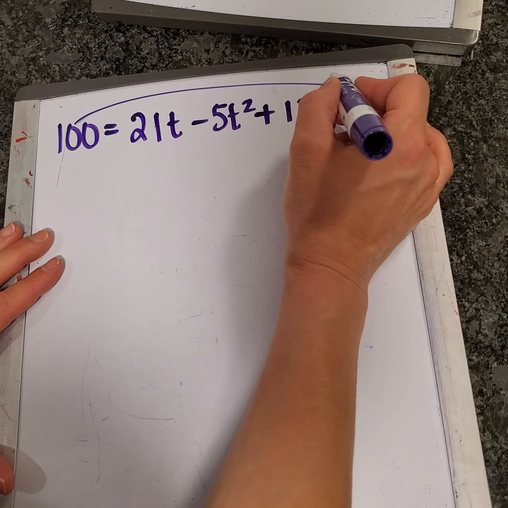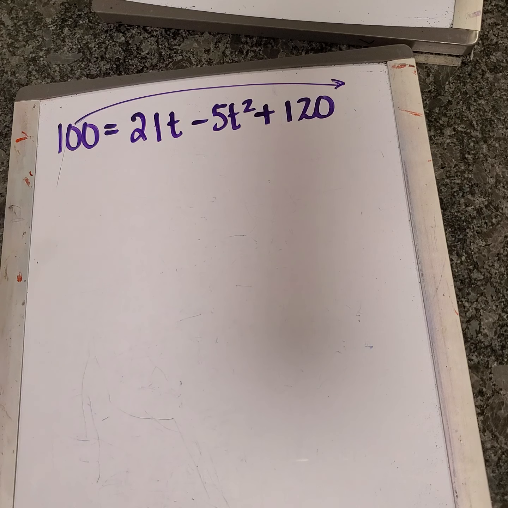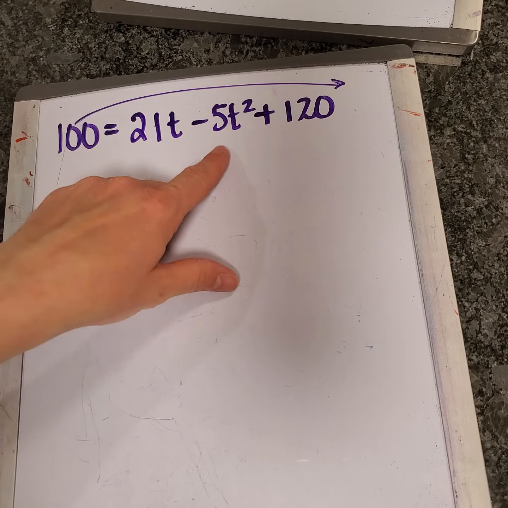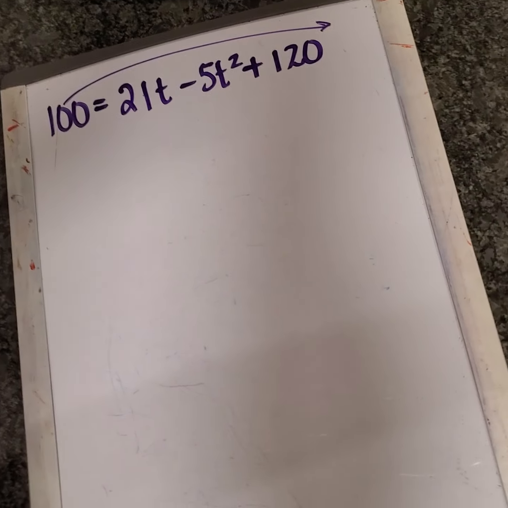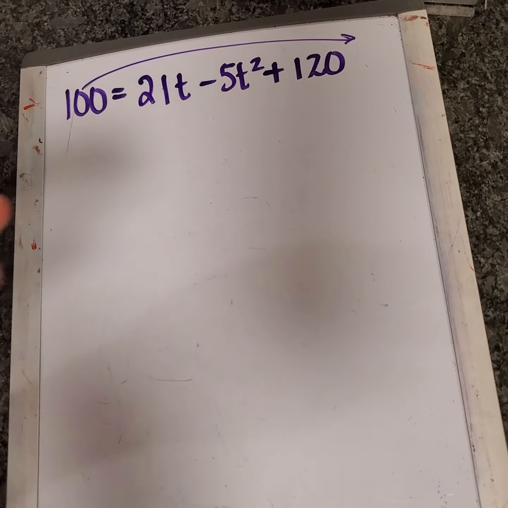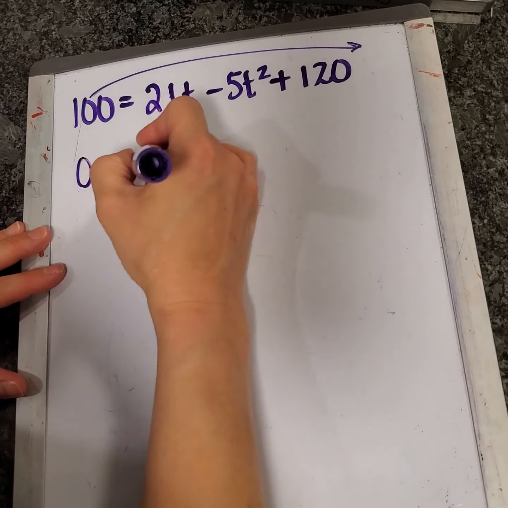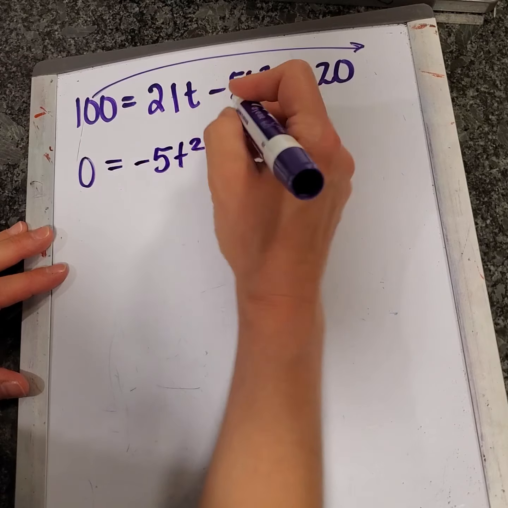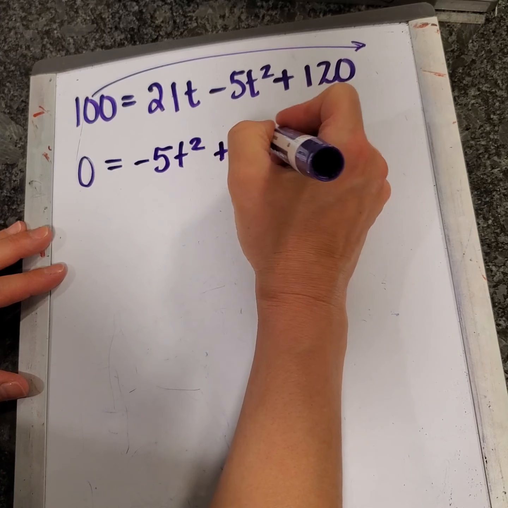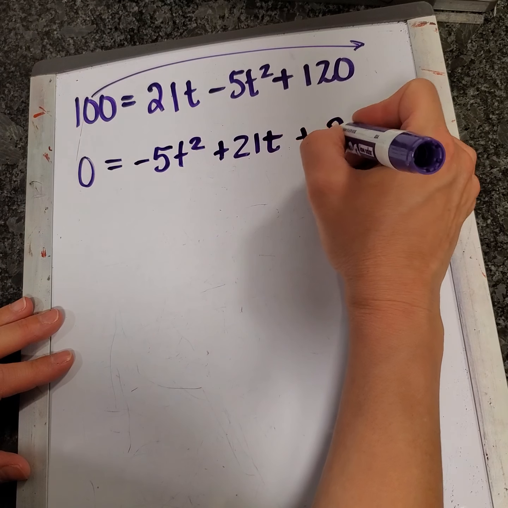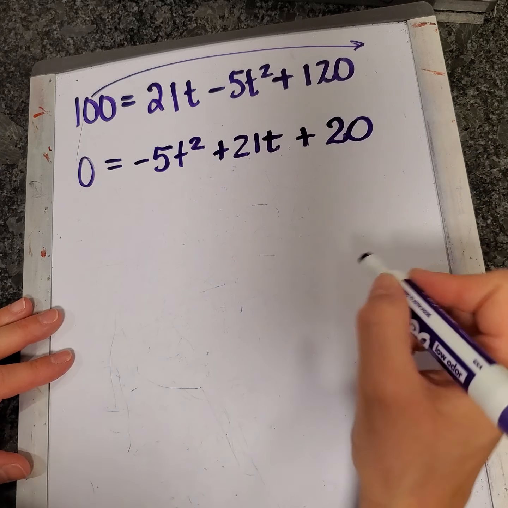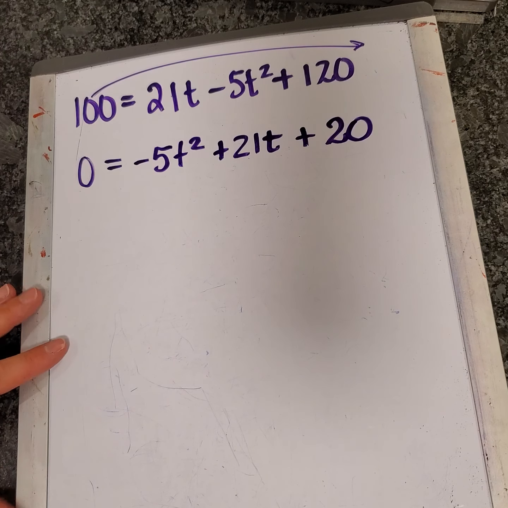This guy's going to come over, and when I bring that guy over, I'm also going to rearrange so that the terms are in descending order, highest degree first. So, oopsie daisy. So we have 0 is equal to negative 5t squared plus 21t, and now we have 120 minus 100, so plus 20.